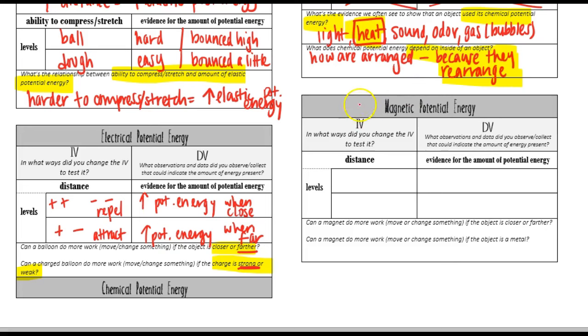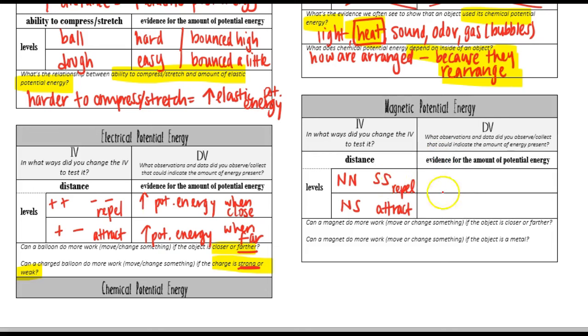Okay, so now we're going to look at magnetic potential energy, and it's very similar to the ideas from electrical potential. So for this one, this could be a north-north, south-south, and this would be a north and south. If we had two magnets with the same poles, and these are not charges but poles, these would repel and these would attract. And the same relationship goes here.